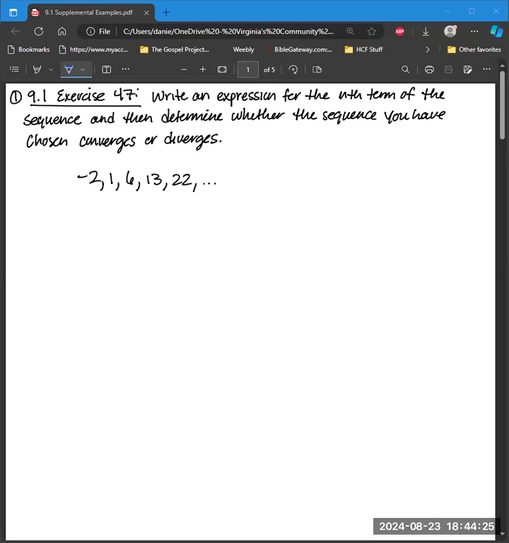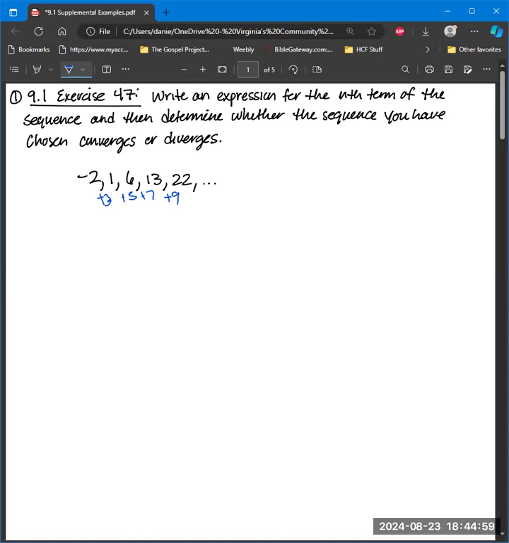Negative 2 to 1, we're going to add 3. And then we're going to add 5, and then we add 7, and then we add 9, and then we would add 11, and so on.